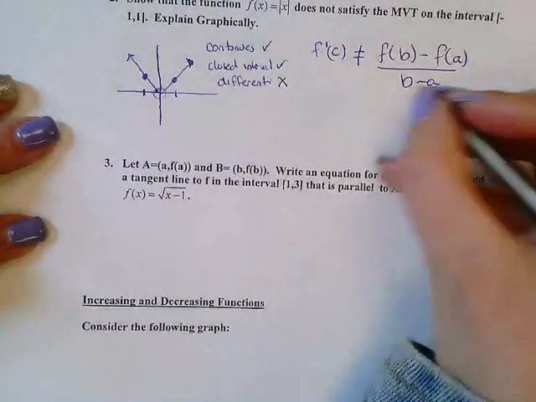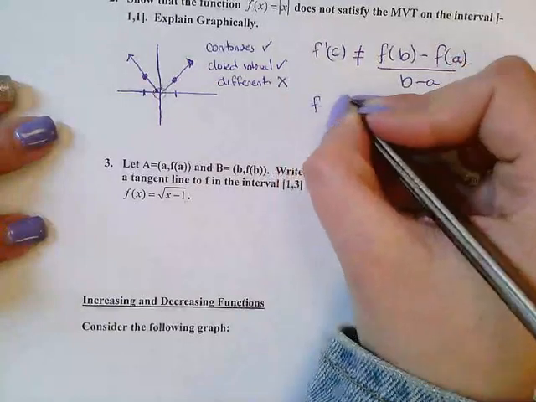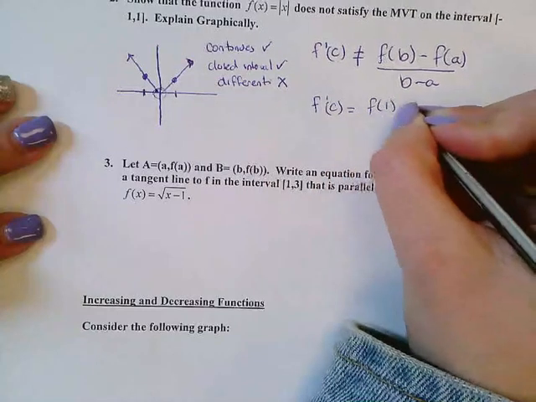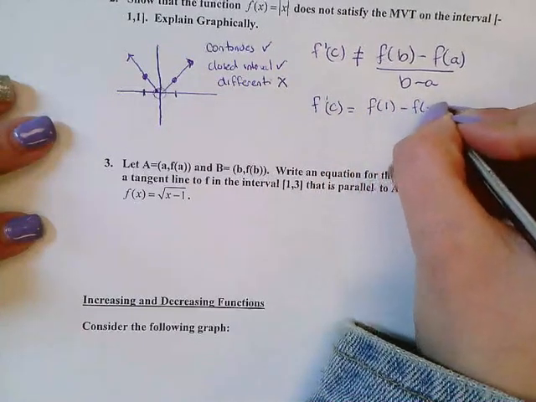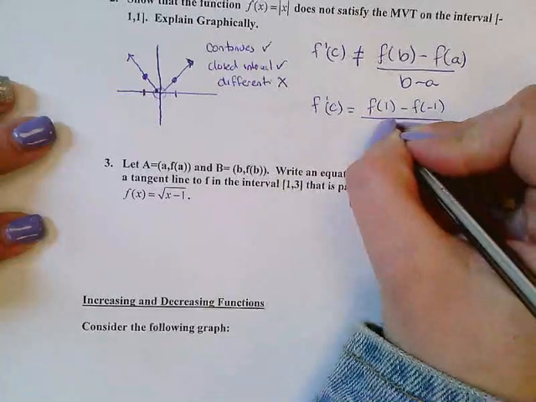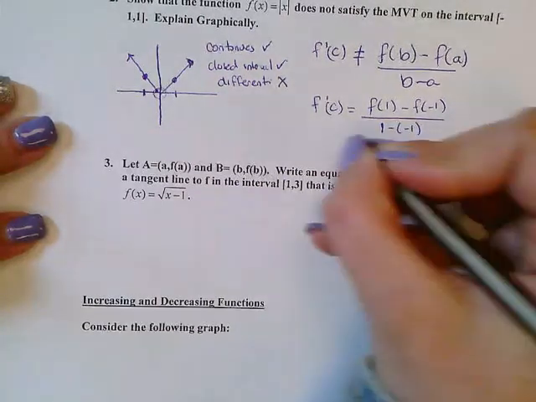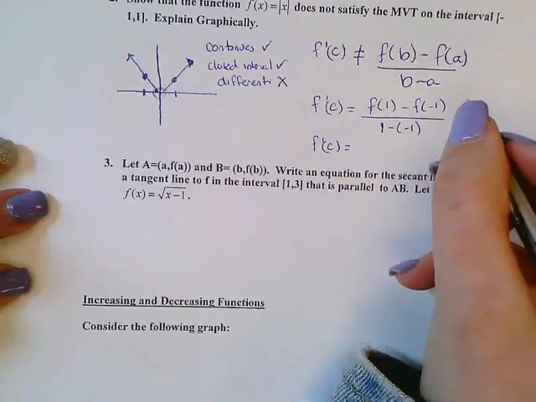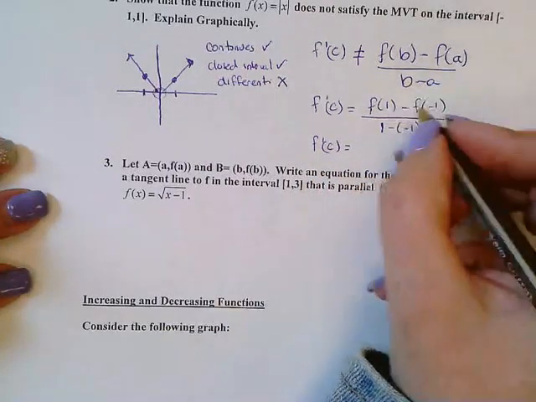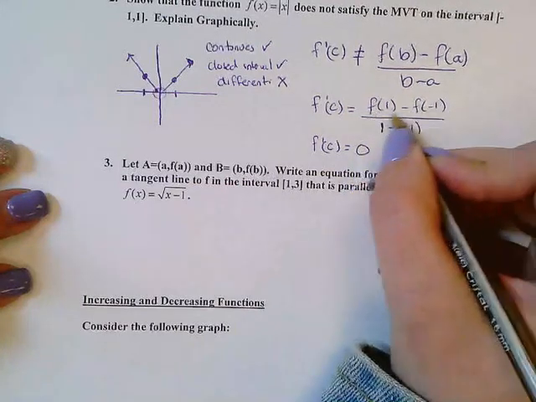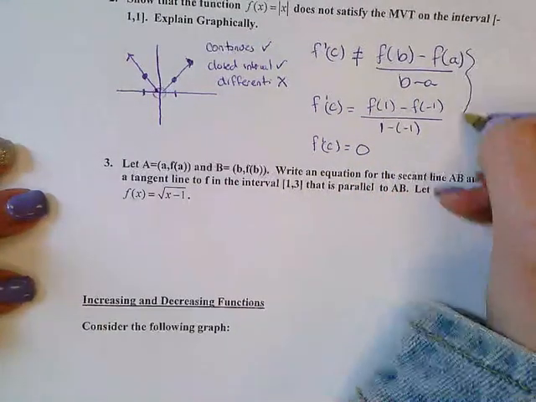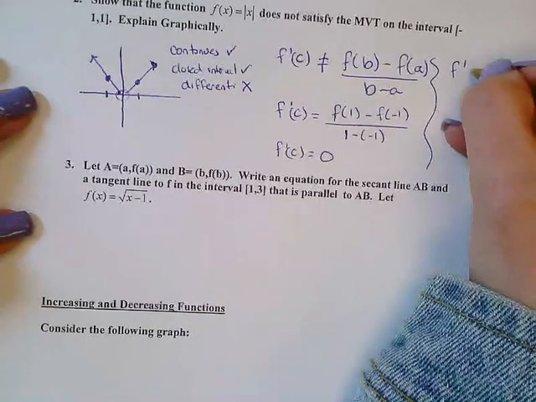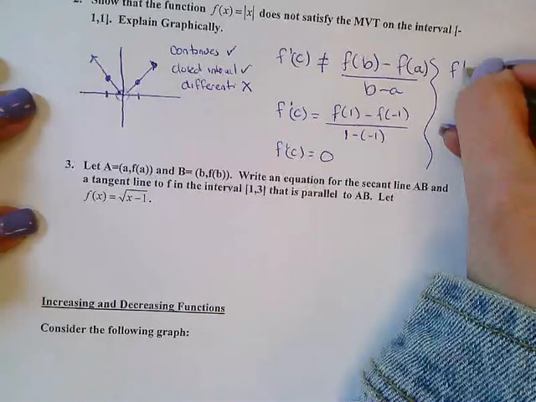So the idea becomes f prime of c equals f of 1 minus f of -1 over 1 minus -1. So f prime of c is going to equal 0 when you do this. Okay? And then we can check what is actually f prime of c.